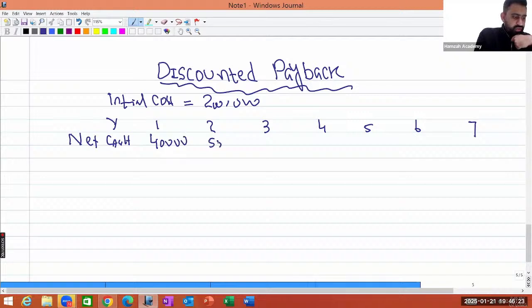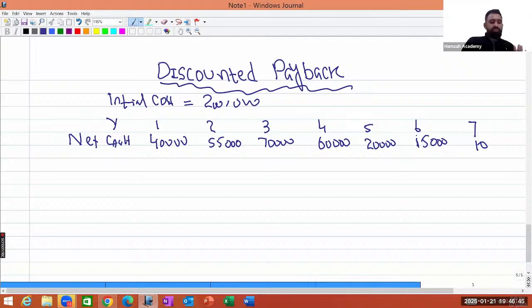Year 2 was 55,000. Year 3 was 70,000, then 60,000, then 20,000, then 15,000, and then 10,000.